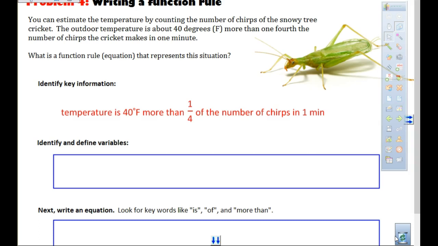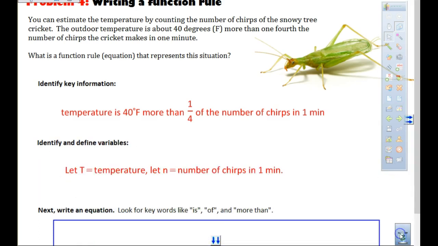So when we are looking at that information, temperature is 40, other key information more than 1/4 the number of chirps in a minute. So we want to identify what is our variable in our situation. So what is our unknown? We're going to use T for temperature and N for the number of chirps in a minute.